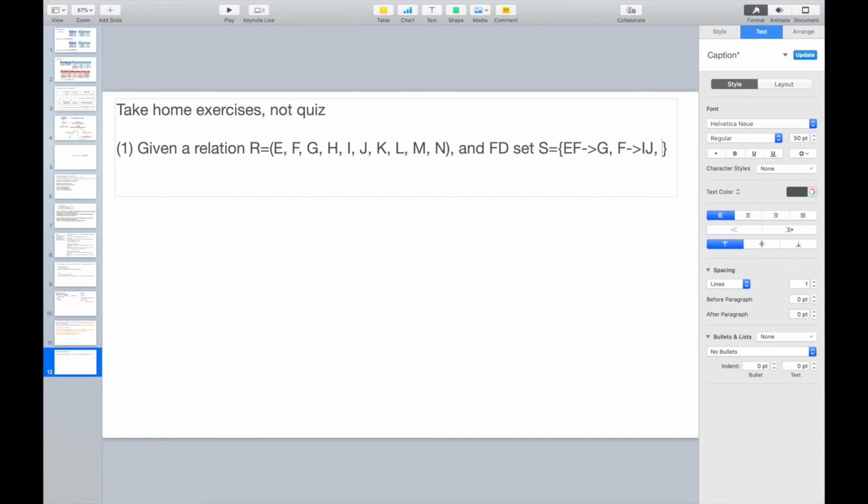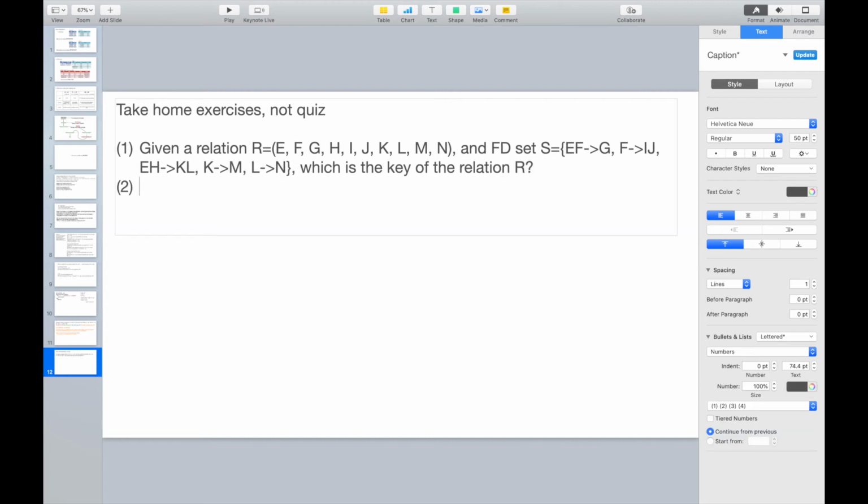And the next one will be EH implies KL, and K implies M, L implies N. Let me check these FDs: EF implies G, F implies IJ, EH implies KL, K implies M, L implies N. Then the question is, which is the key of the relation?